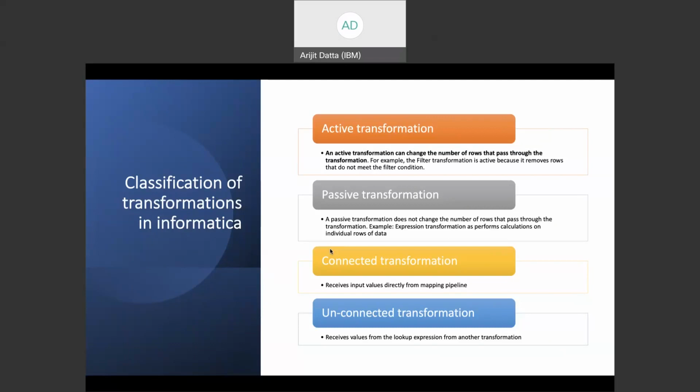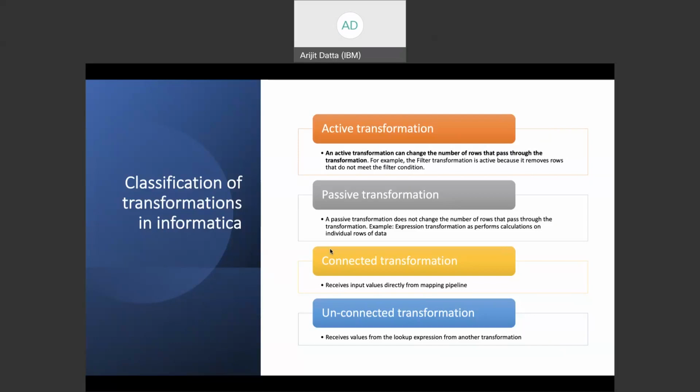You will process all the records from the source, calculate the bonus, and load it into a target. You are not losing any record, you are processing each and every record. That's why expression is a passive transformation.